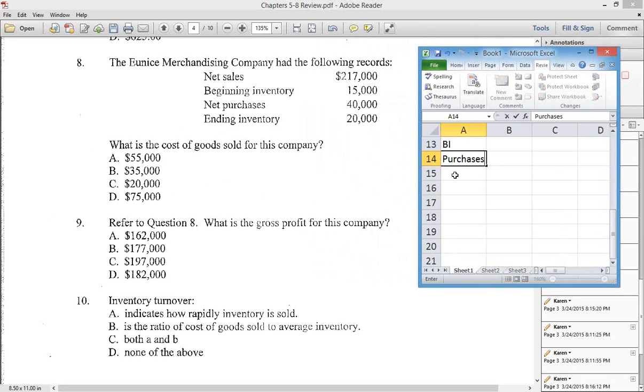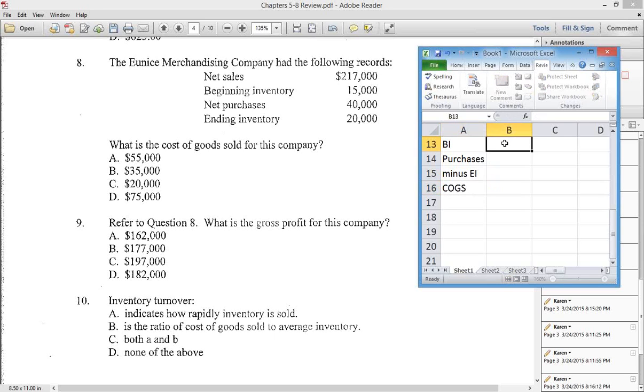So beginning inventory plus net purchases minus my ending inventory, oh, it won't let me do that. Minus ending inventory equals cost of goods sold.